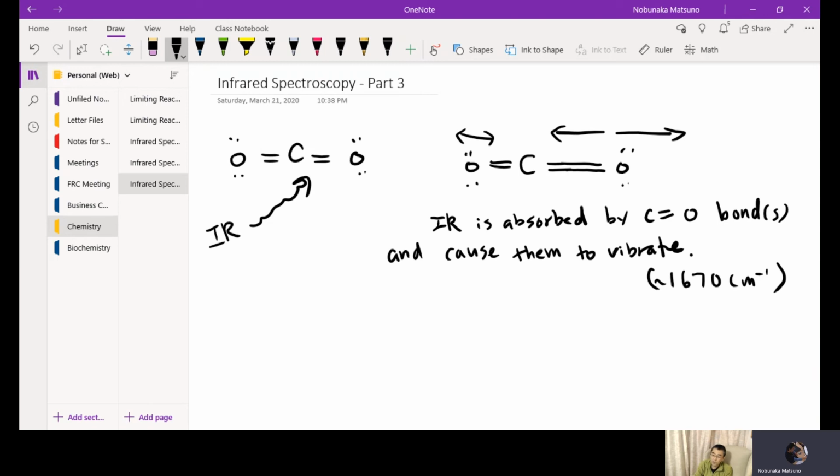Anyways, in this case, there's an IR table. Certain bonds absorb at specific wave numbers.